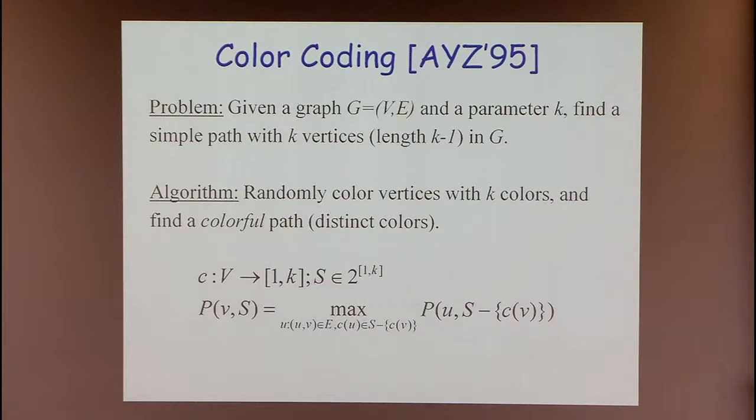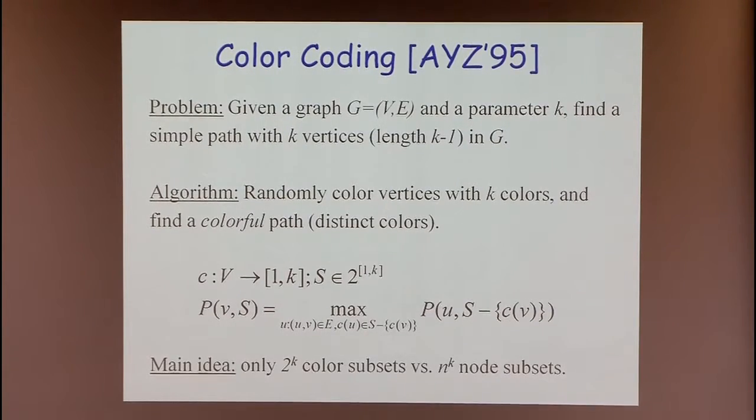Okay? So you start by randomly coloring the graph, and once you color the graph, you run some dynamic programming that simply computes, for every vertex, what is the highest scoring path that ends at this vertex and visits on the way the subset of colors S. And this can be done very easily by simply going over all neighbors of this V and asking what was the highest scoring path that ended in a neighbor of V and visited all the colors in S minus the color of V. Okay?